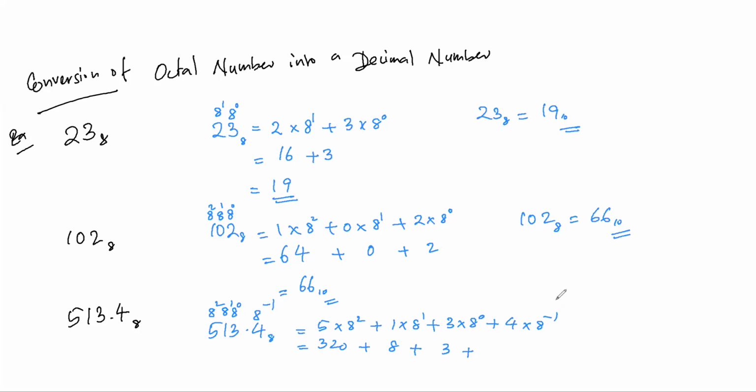So that means 320, 328, 329, 330, 331.5. So this is the answer. So we can say 513.4 base 8 equals 331.5.